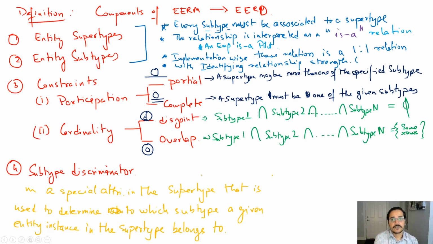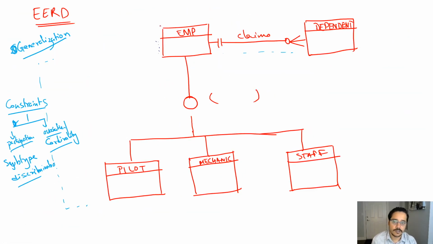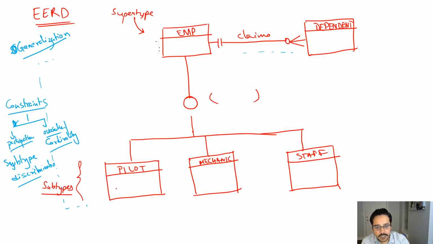Okay, so that is what all the different components are. So now let's fill out this diagram here. This is our supertype. These are its subtypes. So that means there have to be some attributes.